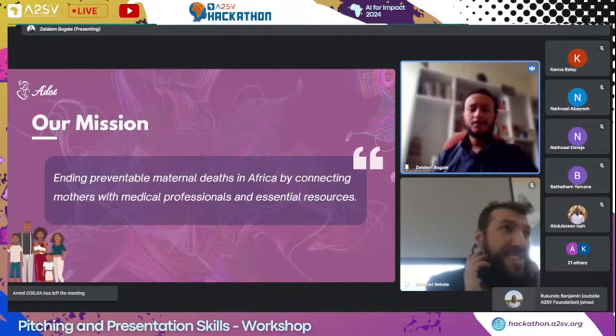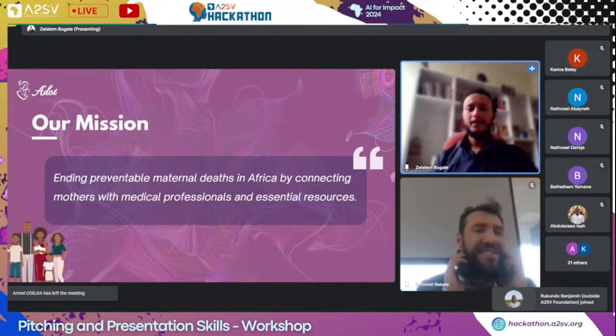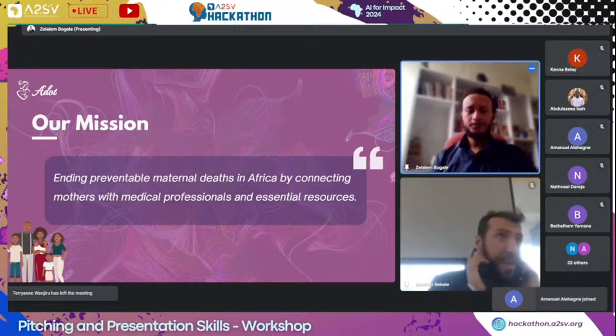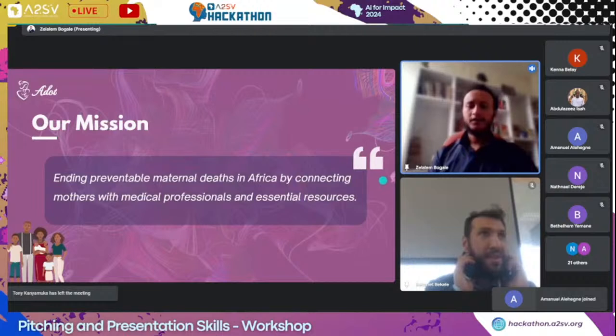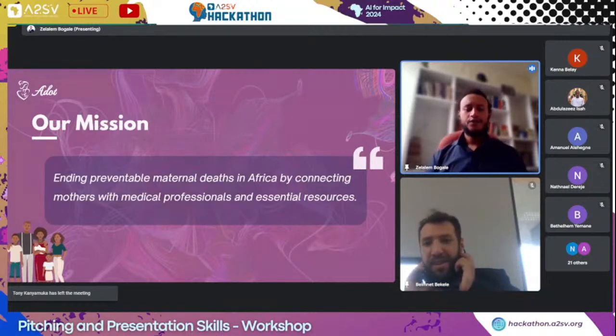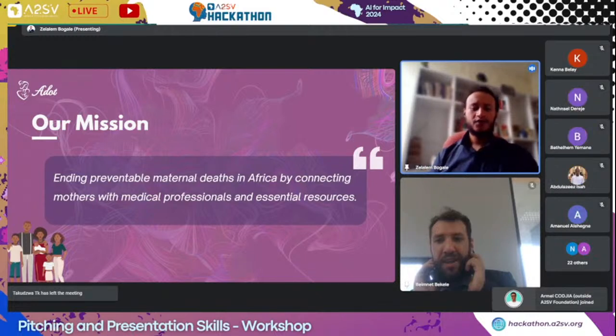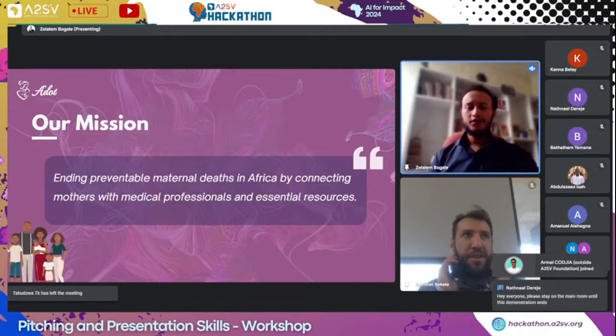It states: ending preventable maternal deaths in Africa by connecting mothers with medical professionals and essential resources. Hopefully it relates with Africans. It also has mothers and our doctors, so we really relate to it.